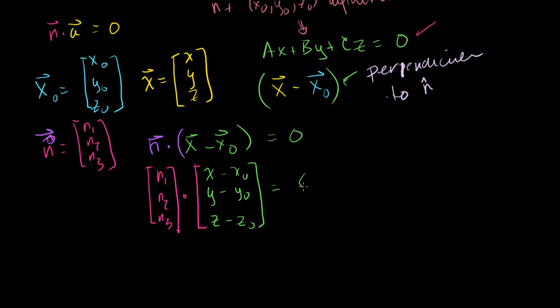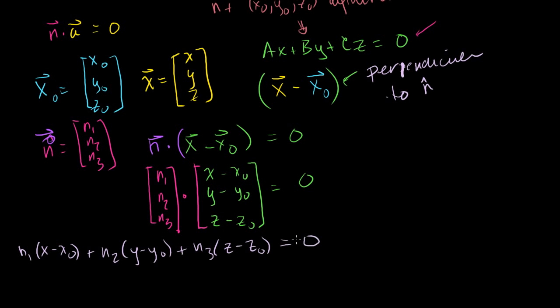And we know that this whole thing has to be equal to 0 because they're perpendicular. If we take the dot product here, we get n1 times x minus x naught plus n2 times y minus y naught plus n3 times z minus z naught is equal to 0.